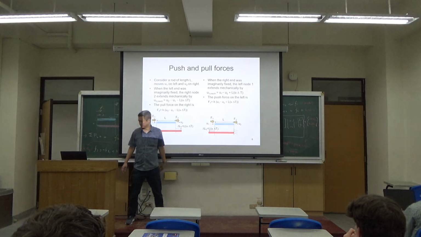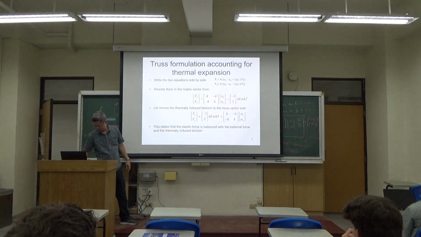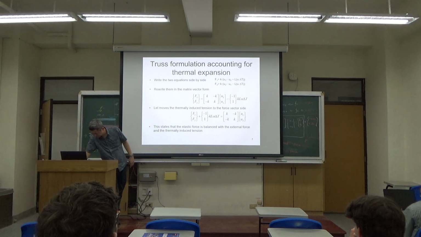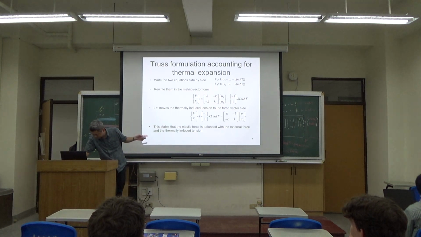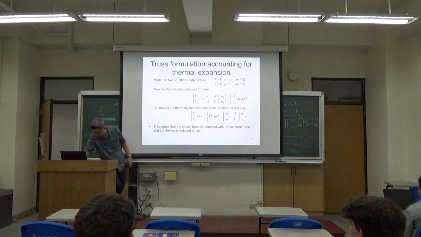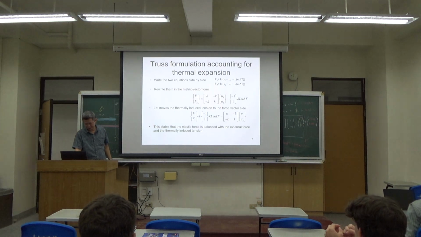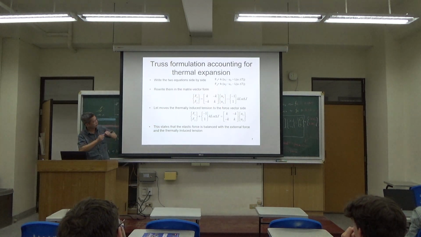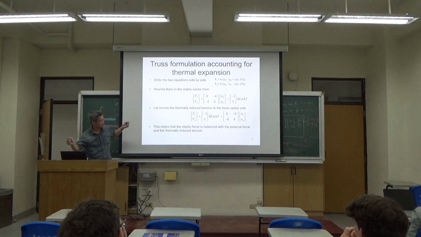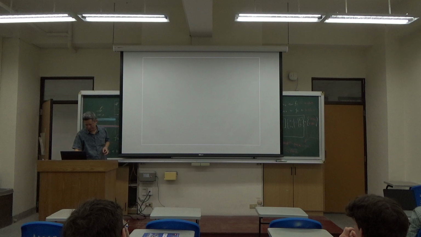So yeah, the signs look correct here. F1, the top one is minus, and the bottom one is positive. So anyway, it's going to be extension. Extension should be positive.